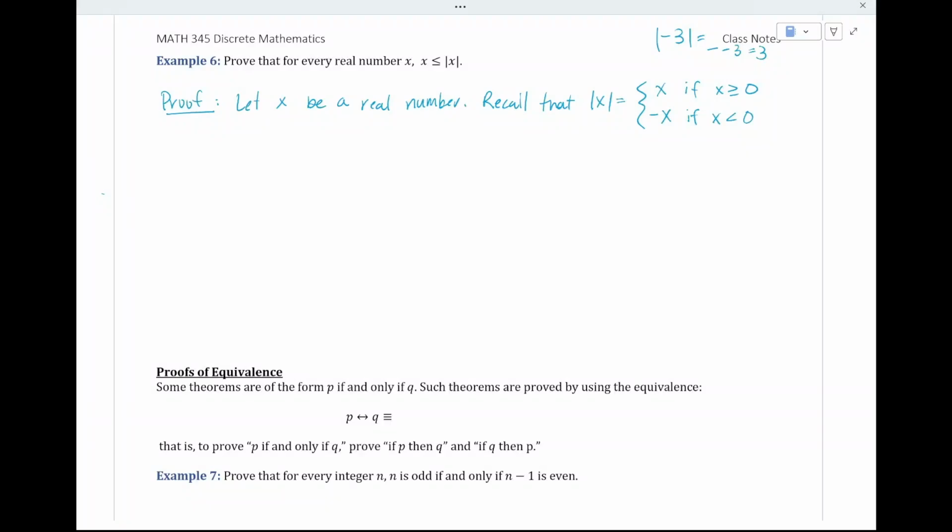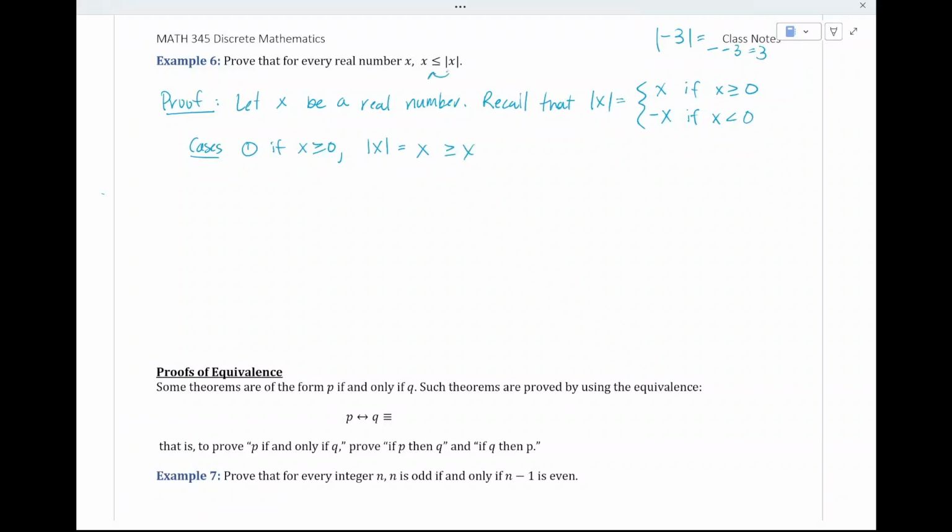All right, so now that I know that, I see that there are two cases. If x is greater than or equal to 0, or if x is less than 0. So let's look at our cases. Case 1. If x is greater than or equal to 0, the absolute value of x is equal to x, which is greater than or equal to x.